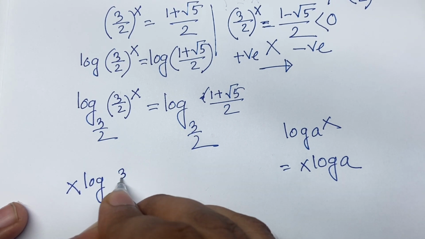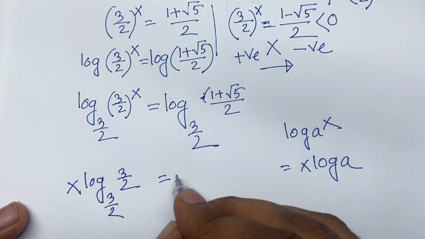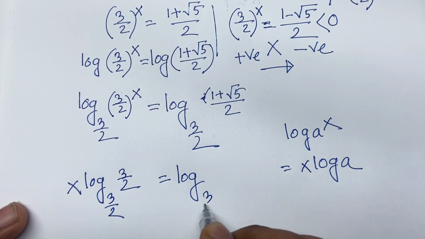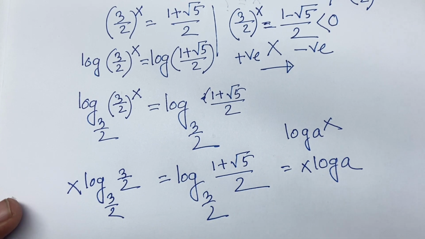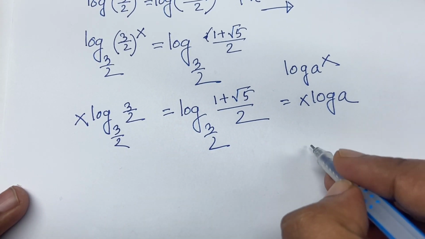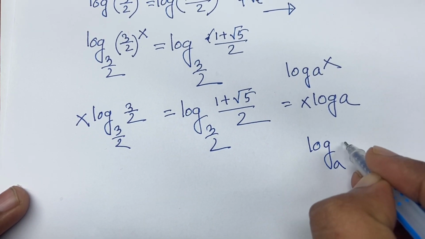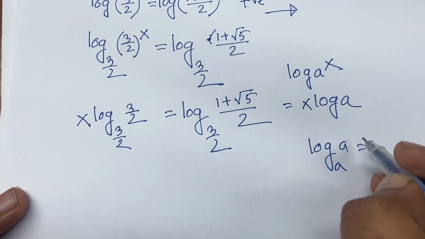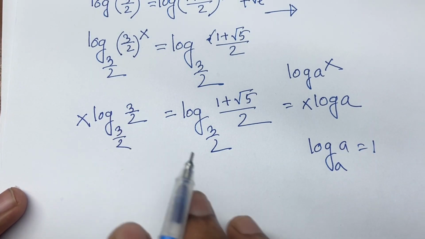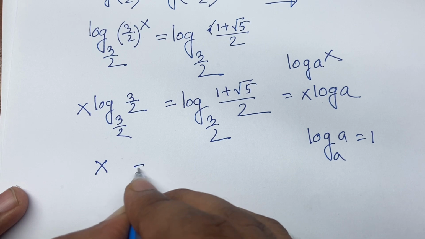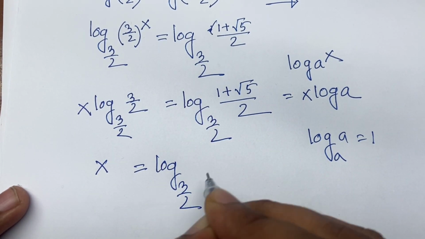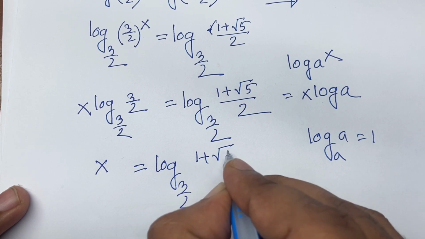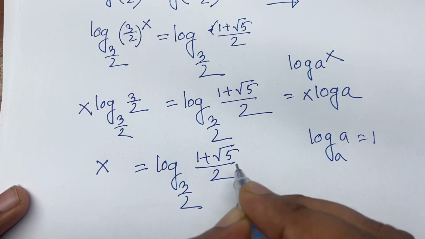is equal to log base 3/2 of (1 plus square root 5) over 2. Now we know that log base a of a is equal to 1. If I follow these rules, this is 1, so x is equal to log base 3/2 of (1 plus square root 5) over 2.